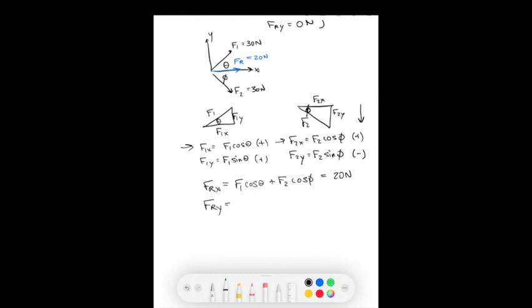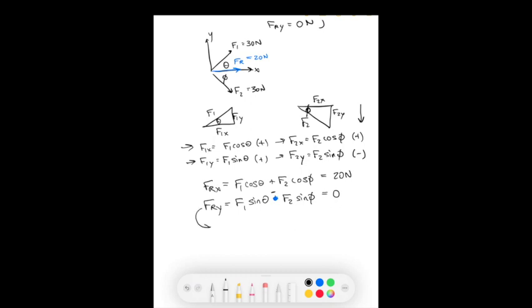We also know that FRy is equal to F1y, so F1 sine of theta, plus F2y, F2 sine of phi, and this one is going to be negative. I need to make sure that here we have a negative sign because this value is negative, and this is equal to 0.